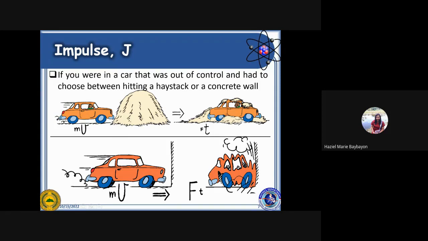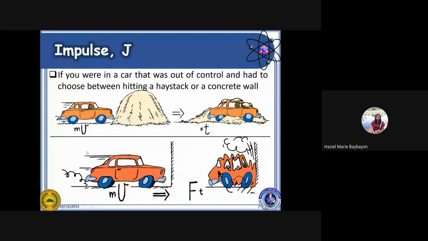So here, with the haystack, the time of contact increases, thereby decreasing the force. So the impulse is constant for both, no? The impulse J is constant. And then, since time is large with the haystack, the force becomes smaller so that J remains constant.